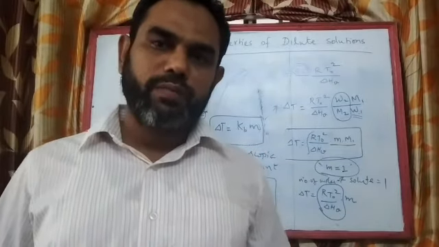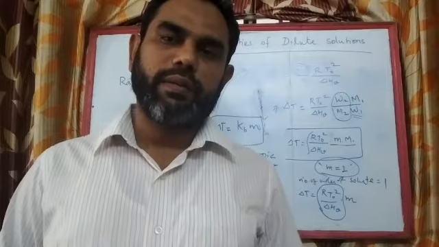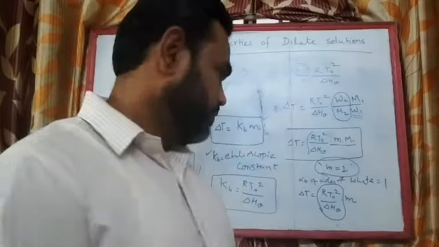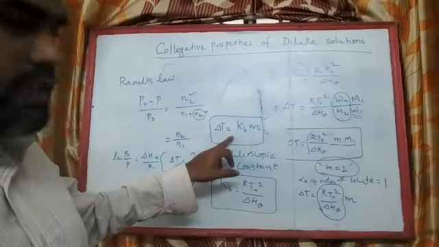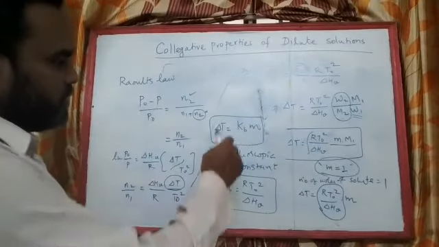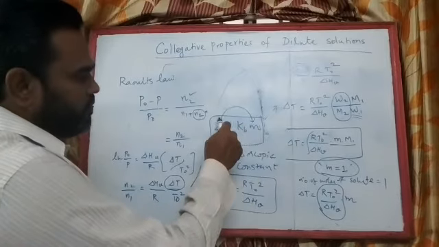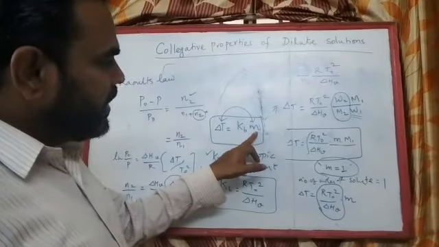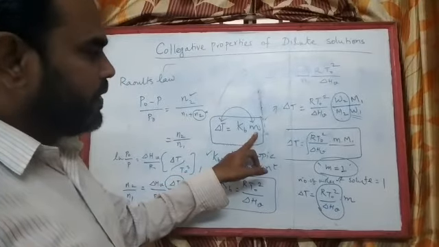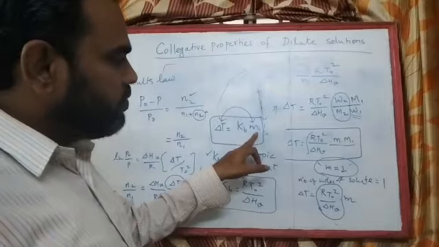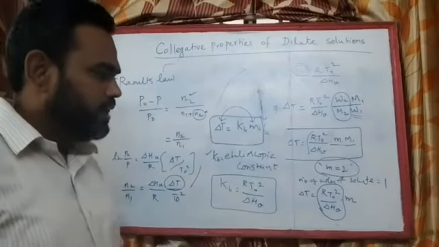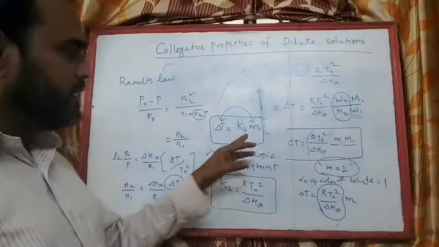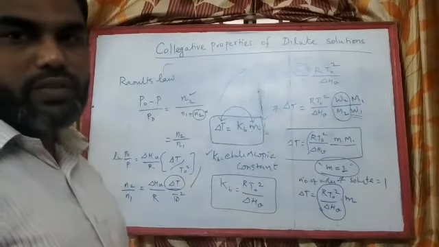So how do we prove that the elevation of boiling point is a colligative property? Look at this equation. Delta T, the elevation of boiling point, is related to m, which is nothing but the number of moles of solute, and it is independent of the nature of the solute.